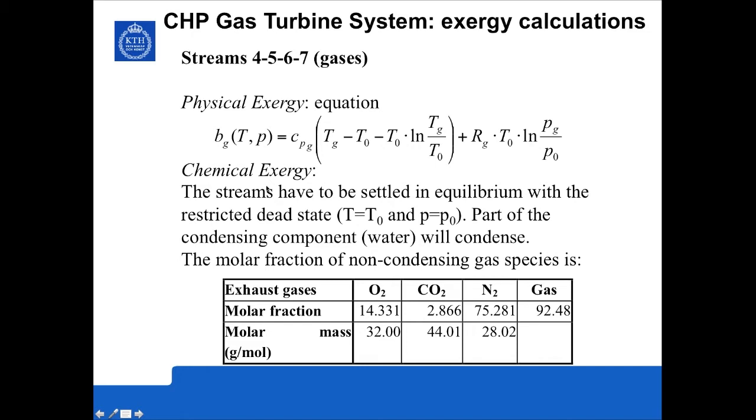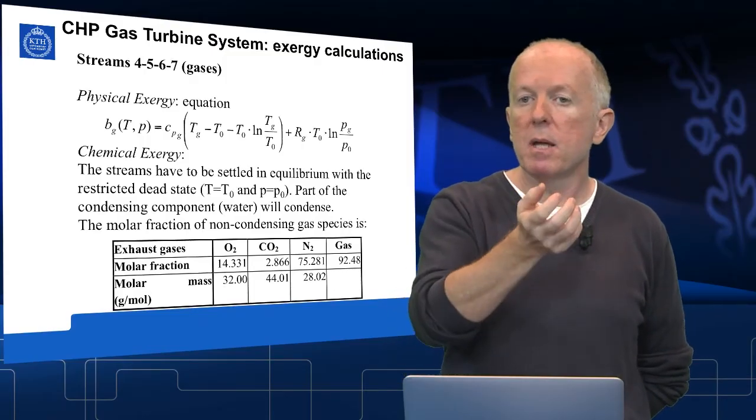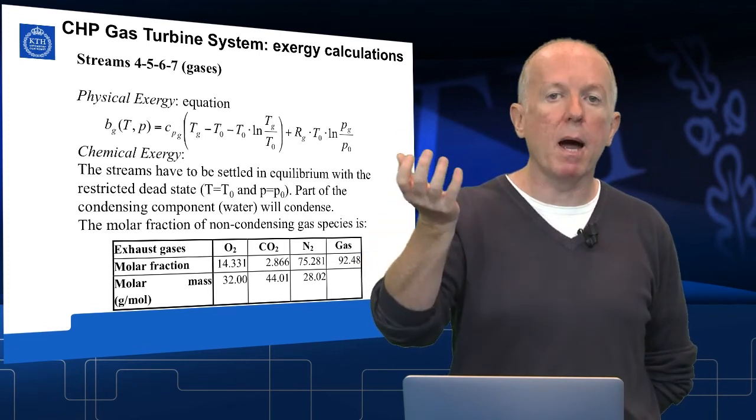Why this? Because if you have a stream of mass, to calculate its chemical exergy, remember that you have to take the stream of mass in whatever thermodynamic condition you have. So let's say the stream of mass is at 1000 degrees and 10 bars.